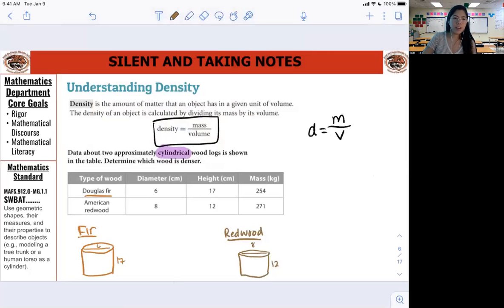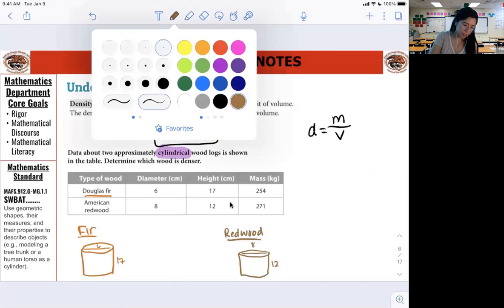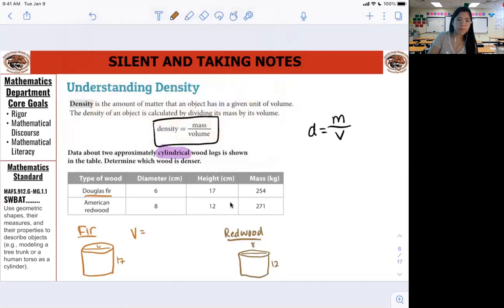Let's find out. So volume of a cylinder. What's the volume formula for a cylinder? It's been a minute. Yeah, it's not surface area anymore.